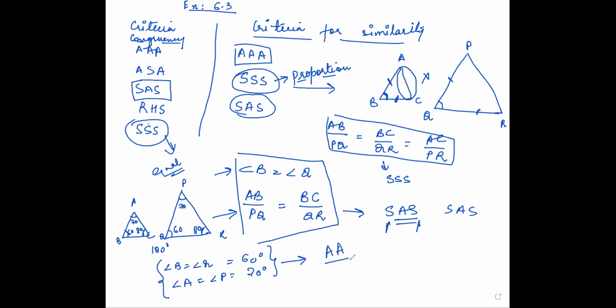So ma'am, we write it AA criteria. So only two angles need to be equal and it's proved? Yes, because we already know that the third one is going to be equal. So that's why it's not always necessary to show the third angle. Only two are sufficient. What if the third angle isn't equal?